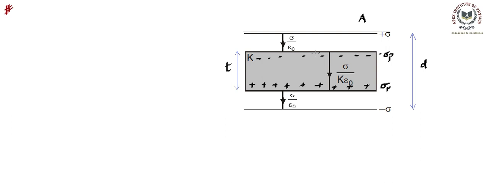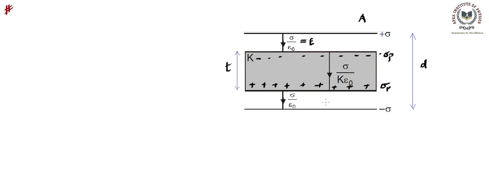The area is the same. Now since these are the charges, we can find the field in this first region, second region, and third region. In the first region, the field is going to be given by this expression. So E is going to be sigma upon epsilon naught, that means sigma, the charge on the plates, and it will be from this positive plate towards the negative plate.